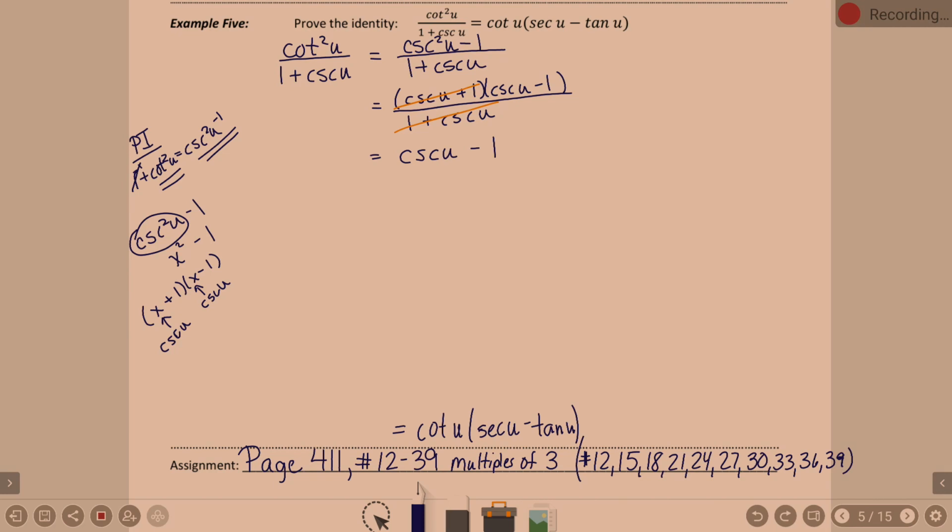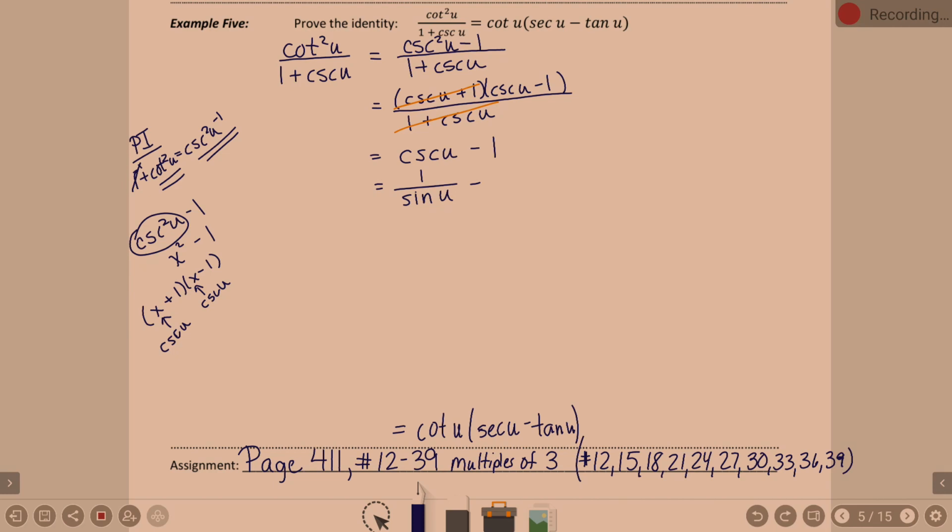The other piece I have of this, so I'm going to do something else in the same step. So cosecant of u is 1 over sine u. At that point, you're going to have 1 over sine u minus 1. Still not a lot to do with that.